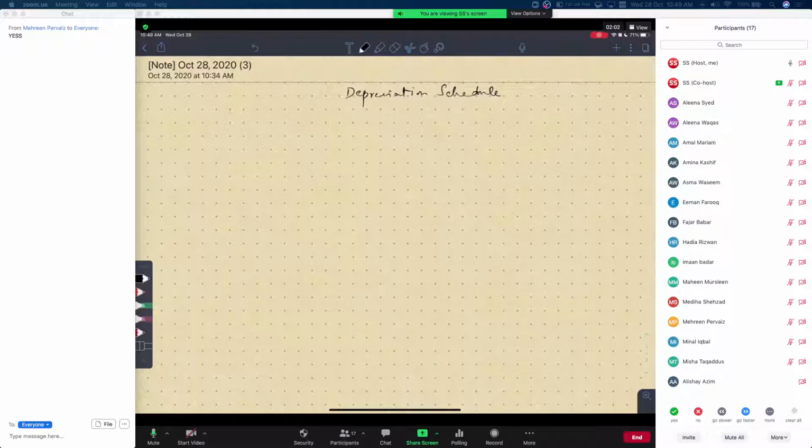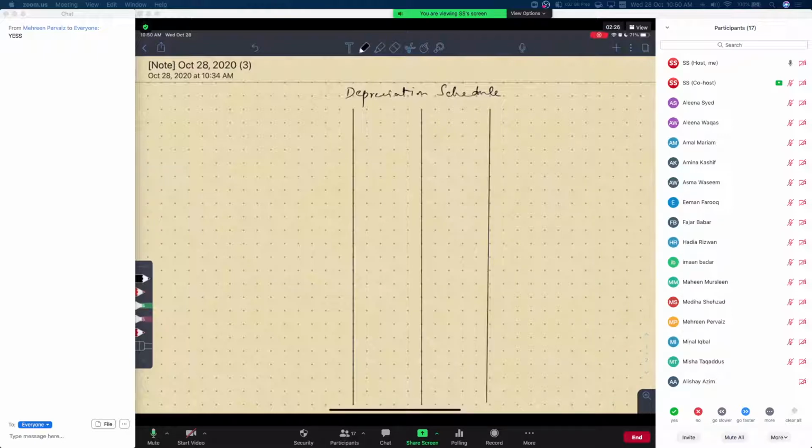So what we are going to do is create columns for each vehicle that we are going to use in our calculations. In this case, from the information given to us, we see there are three vehicles, so I'm going to have three columns over here, right?